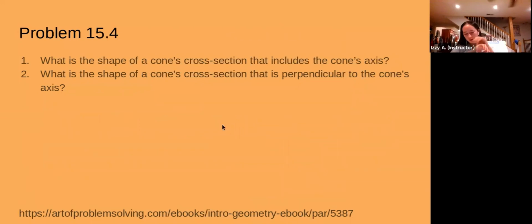Okay, I'll give you guys a few more seconds to attempt this problem, and then we can move on to the next slide.